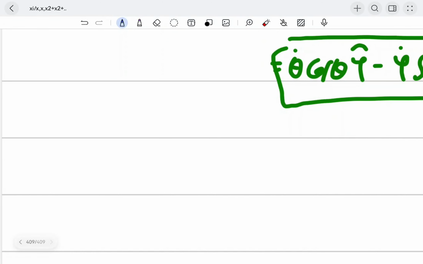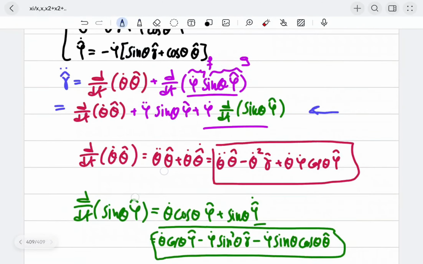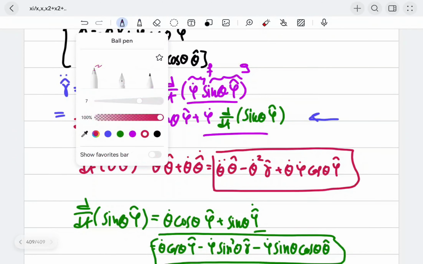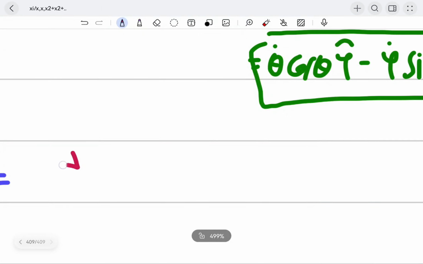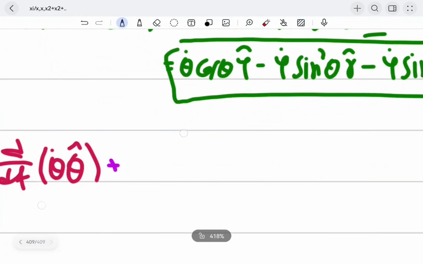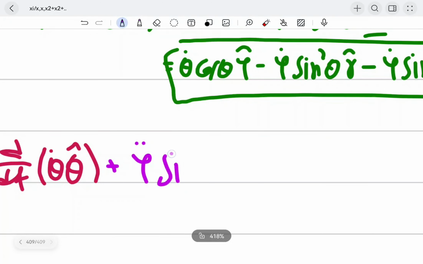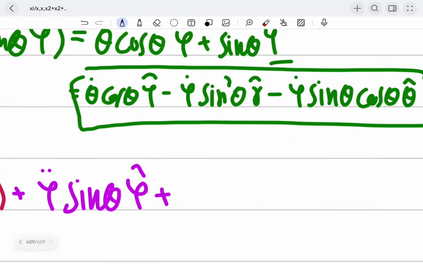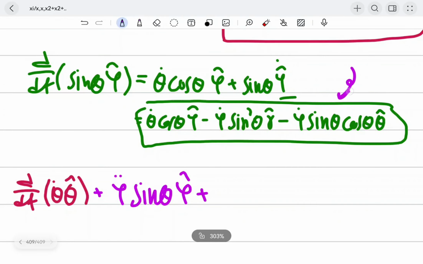Back to our expression. I will write the red component as it is, and then add phi double dot sine theta phi hat plus this thing multiplied by phi dot.